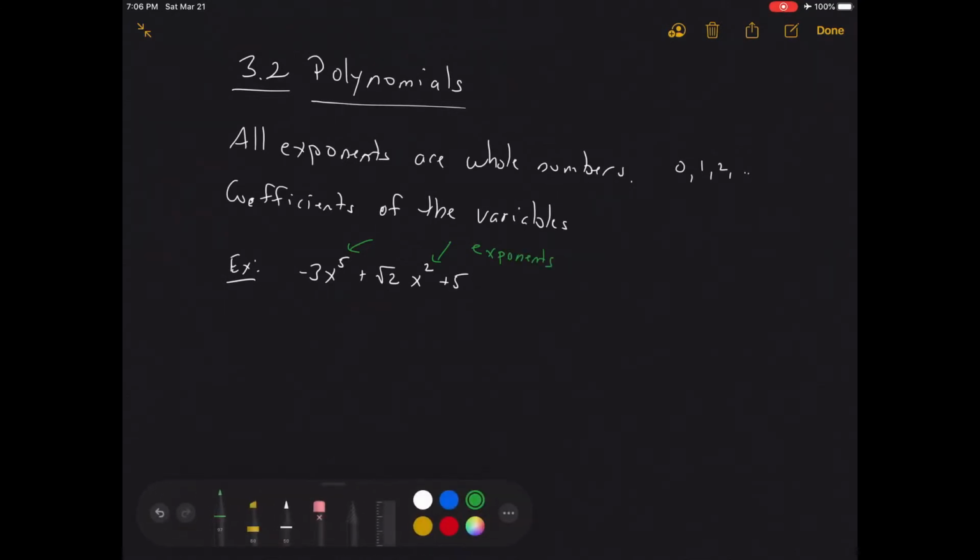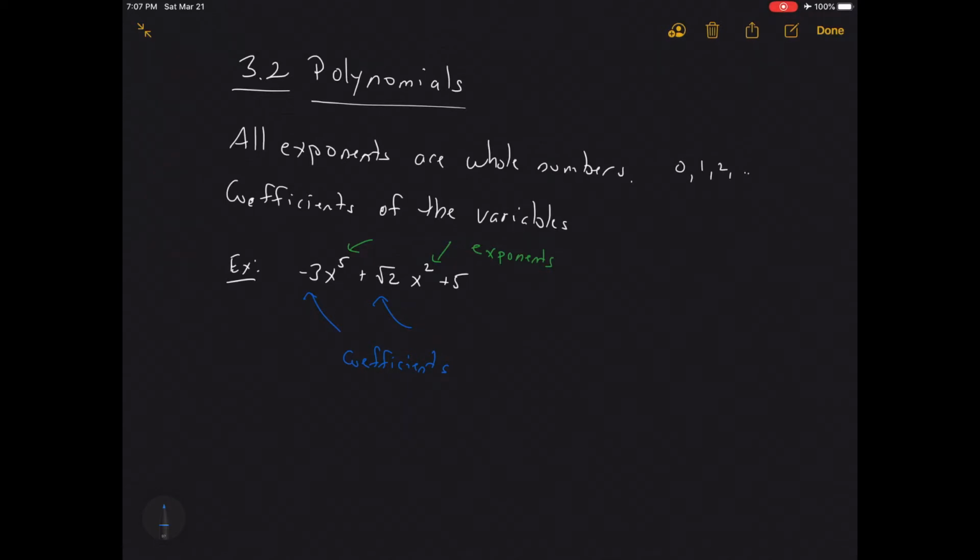The coefficients here in blue are the numbers which are getting multiplied times the variables. So in this case, our coefficients are negative 3 and the square root of 2, both of which are perfectly fine because they are just numbers that are sitting out in front of the variables.